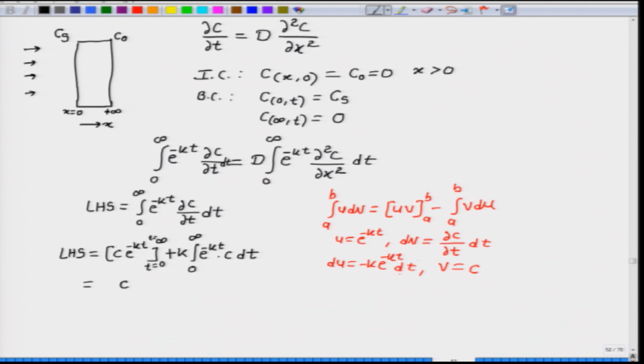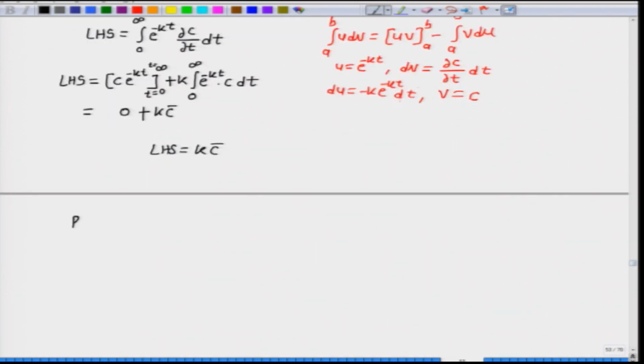So, the first term becomes 0, plus the second integral, which is nothing but the Laplace transform of c of x t. So, it is k c bar. Our LHS comes out to be k c bar, where c bar is the Laplace transform of function c.